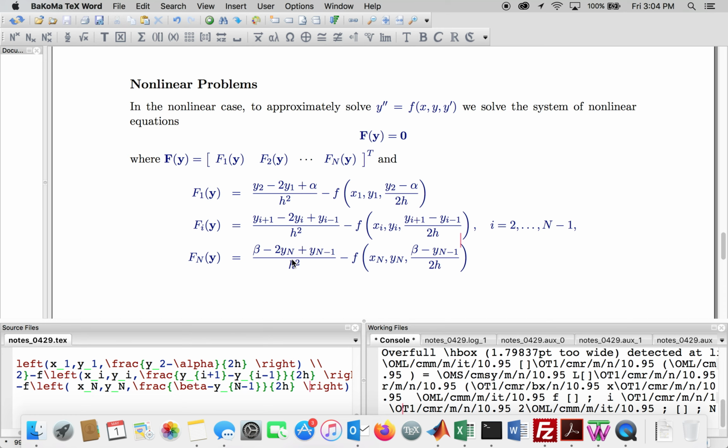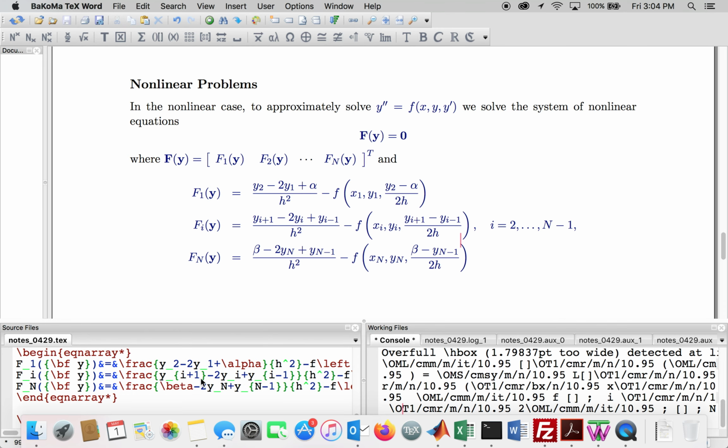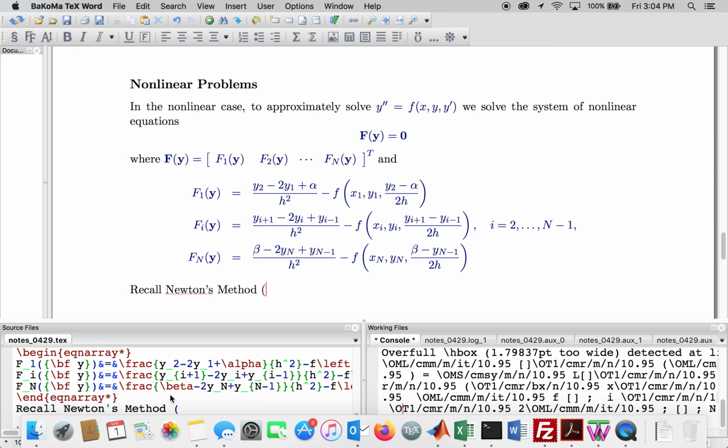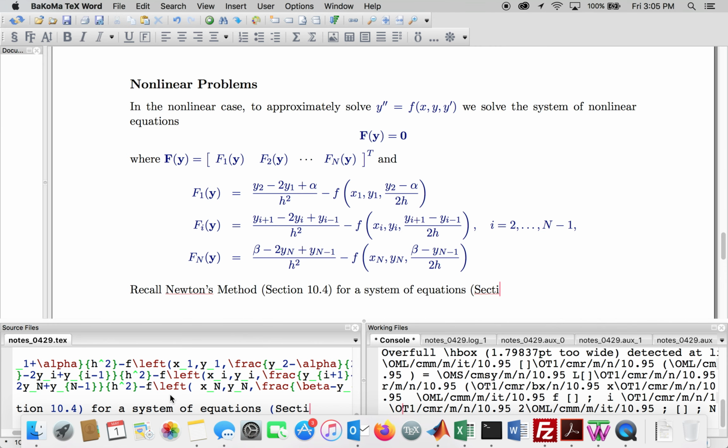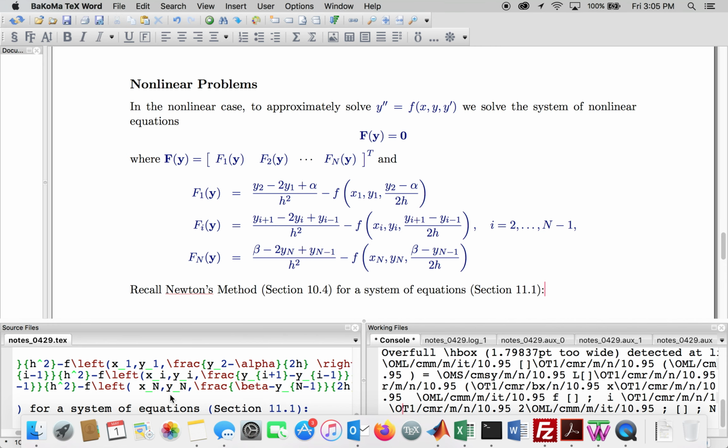Okay, so I'm going to recap Newton's method, originally covered in section 10.4, for a system of equations, and that was covered in section 11.1.